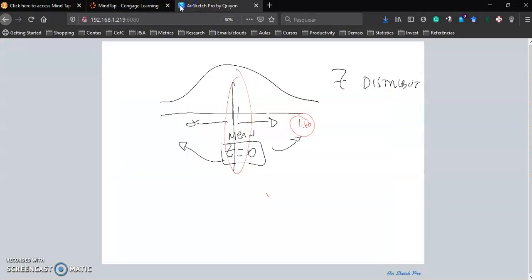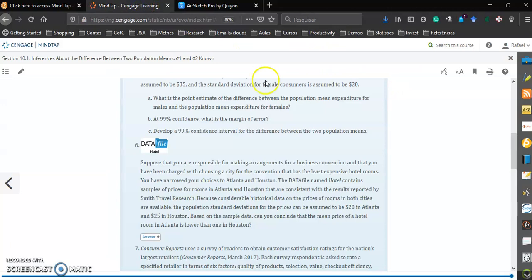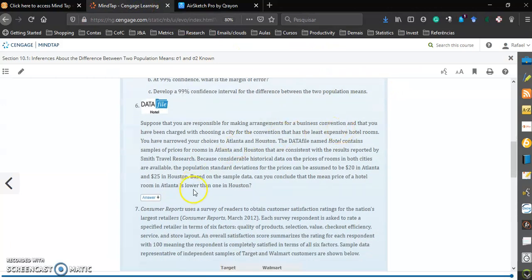So let me show you what I'm going to do. I'm going to start here, take note about my hypothesis. So I have step number one. Remember my steps. The first step is always starting with the hypothesis. So I have two hypotheses. How can I know which one is the alternative and which one is the null? The question, let's take a look. Based on the sample data, can we conclude that the mean price of a hotel room in Atlanta is lower than one in Houston?